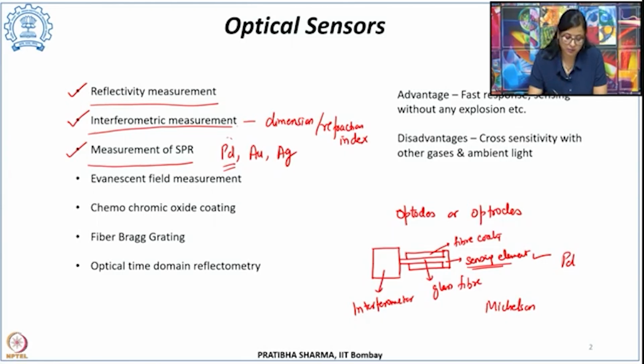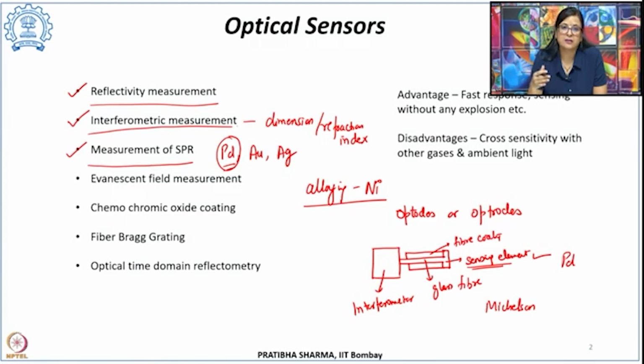But the major problem that remains is the blistering or delamination of the palladium surface layer, and that can be taken care of by alloying. So we can alloy the palladium, for example with nickel. Alloying with nickel shifts the phase transformation towards higher concentration.